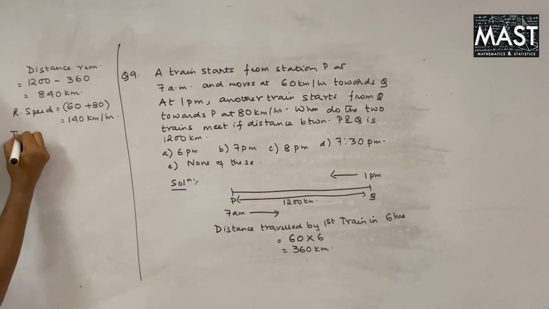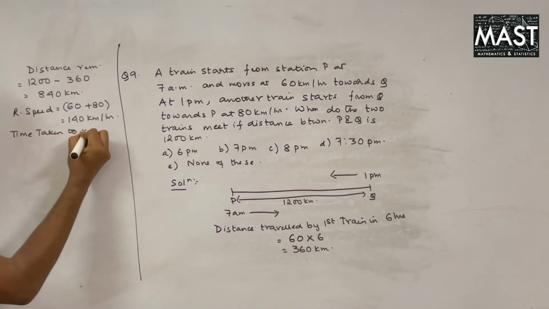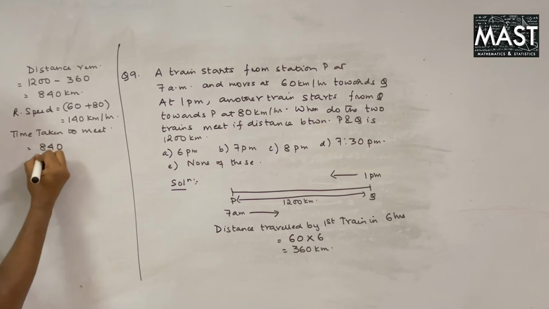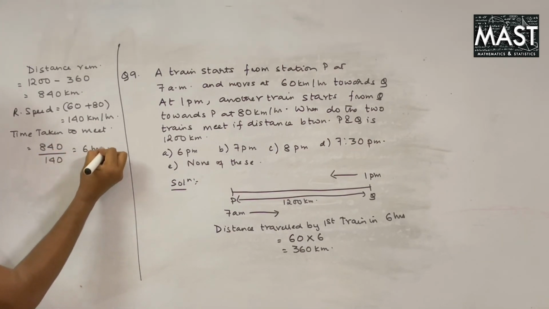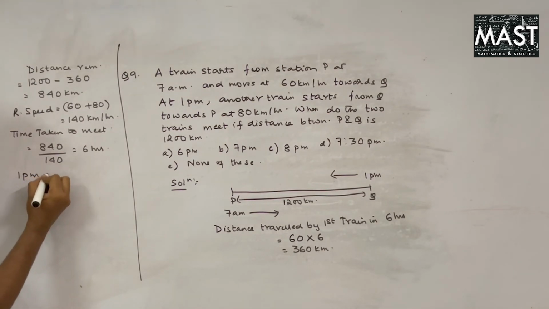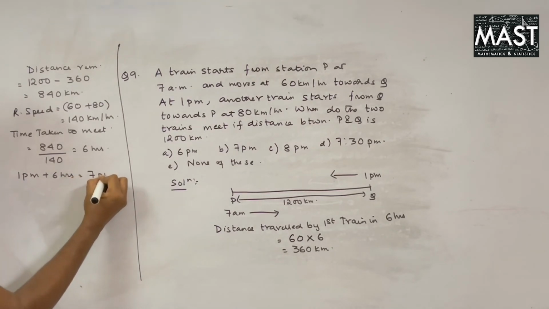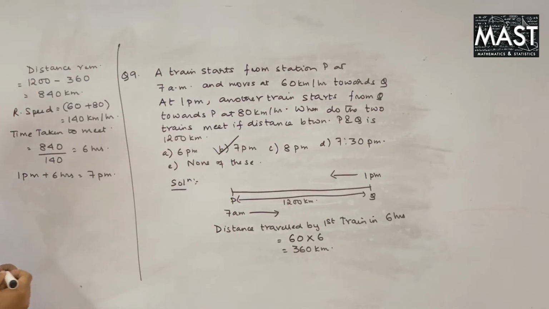So the time taken to meet would be 840 by 140, which will be 6 hours. That means from 1 pm you add another 6 hours. So the trains will meet each other at 7 pm, which is option B.